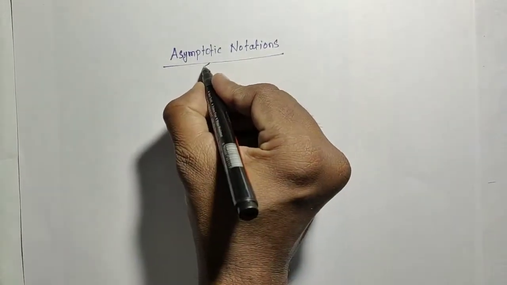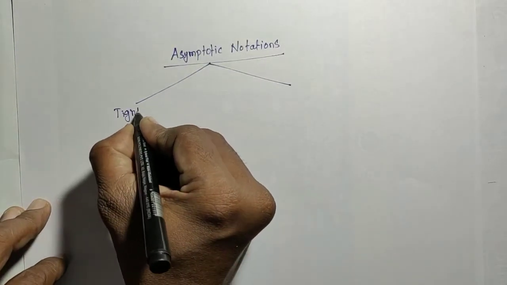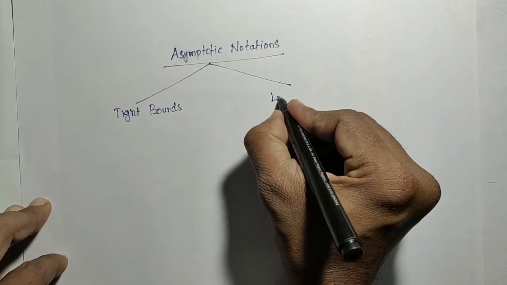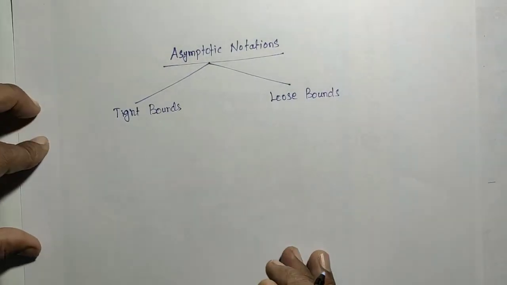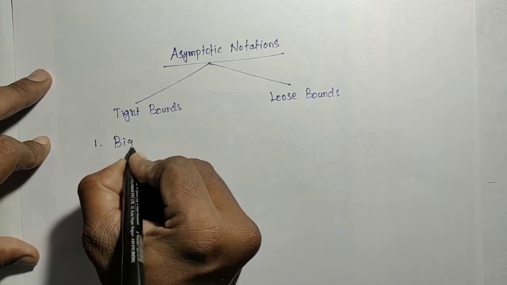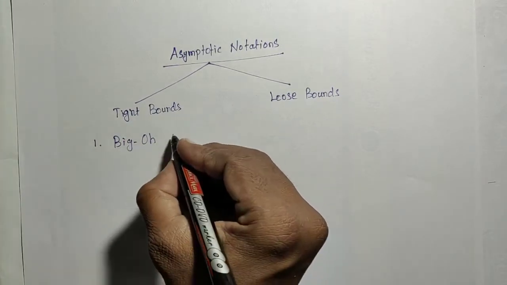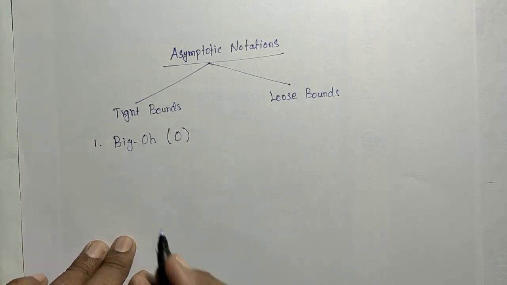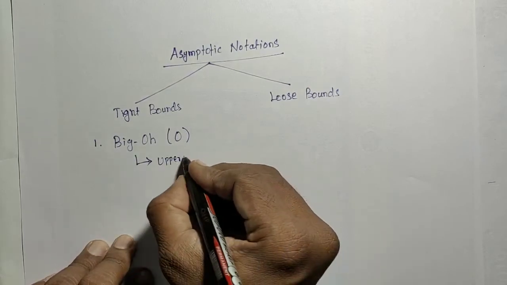There are two major categories in the notations. One is the tight bounds. Another one is the loose bounds. In the tight bounds, we have three categories. One is the big O notation, which is usually represented as O. It is nothing but the upper bound, also called the upper bound.